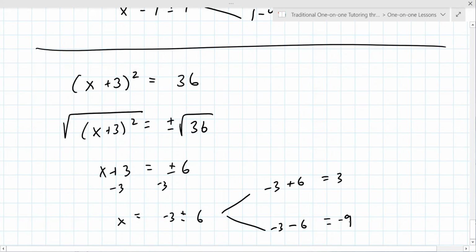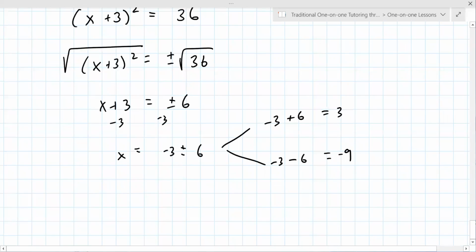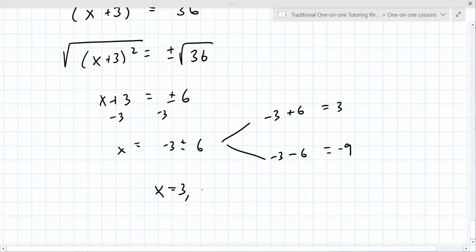Should I just circle that as my final thing on the test, or should I write x equals 3 comma -9? The full answer is that it really depends on what your instructor wants.